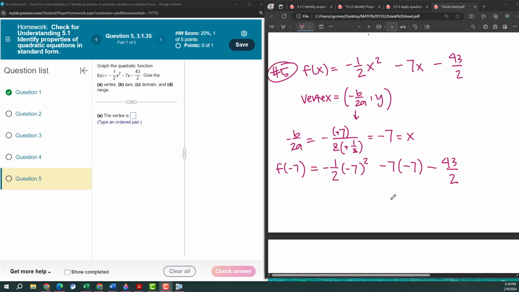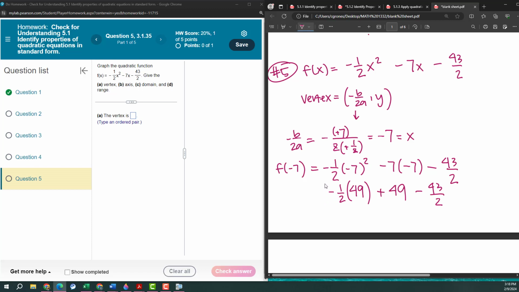So negative 7 times negative 7 is going to be a positive 49. And then we still have this negative 1/2. And then negative 7 times negative 7 is a positive 49. And then we still have this 43 over 2.